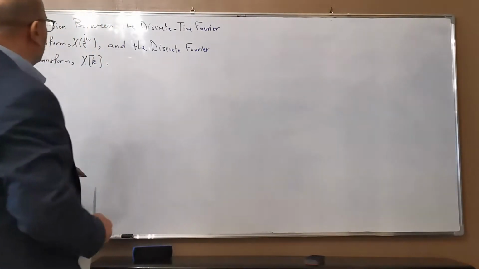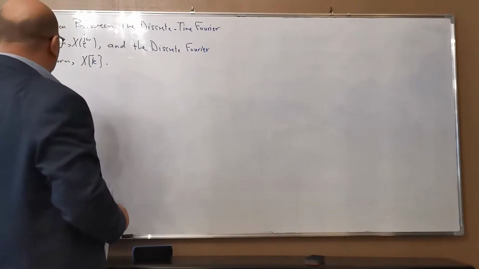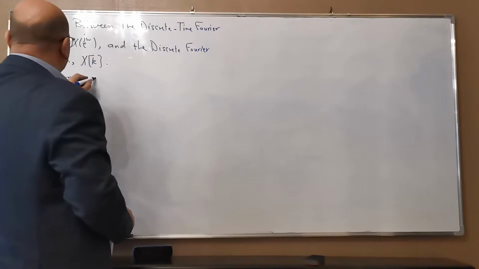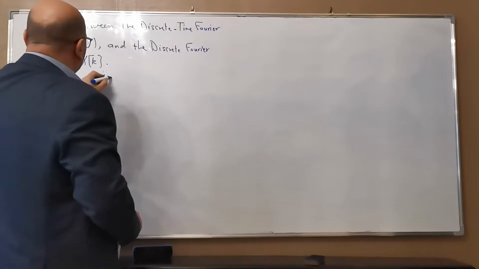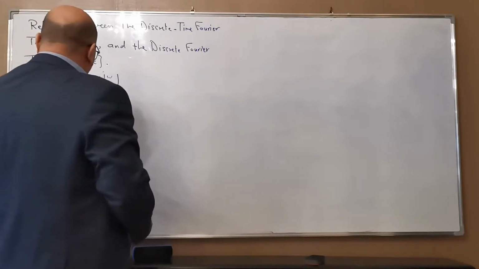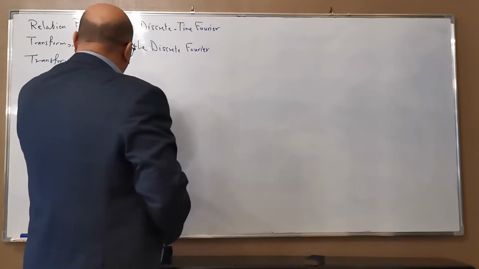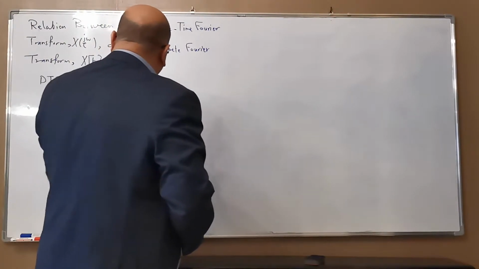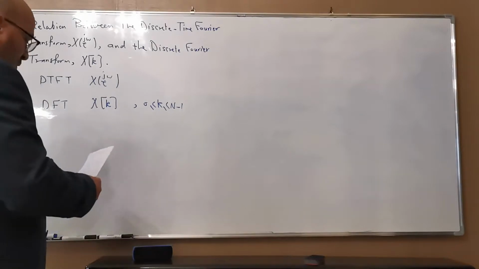So what is the relationship between the DTFT, which is X of e^jω, and the DFT, which is X of k for k between 0 and N minus 1? Okay?